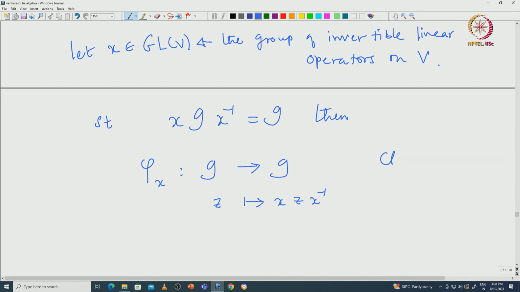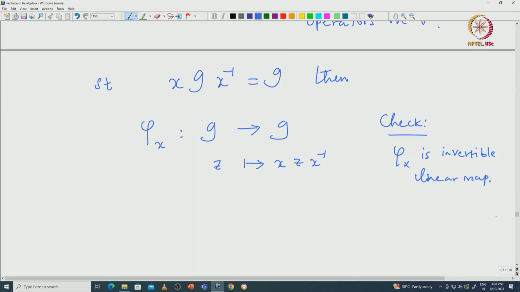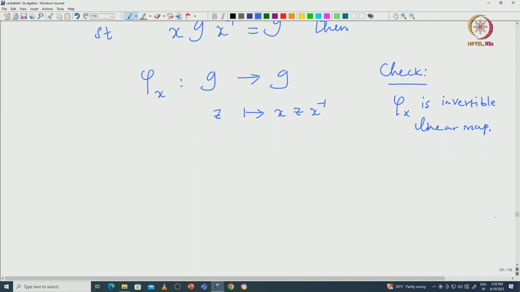I will leave it to you to check. This is not hard to check. So, phi x is an invertible linear map. The only thing that needs to be checked is that phi x is actually a Lie algebra homomorphism. Note that g is a linear Lie subalgebra, so the Lie product is given by the commutator bracket.